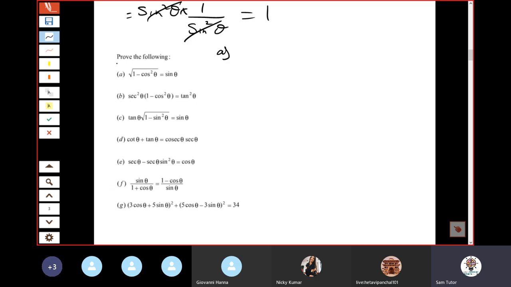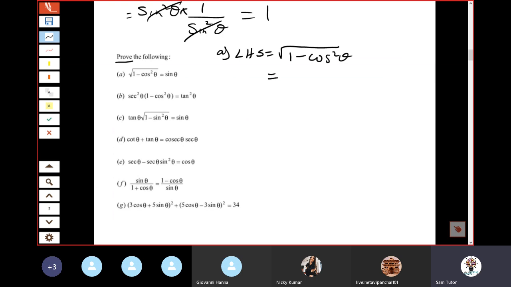All right, we're trying to prove, so understand, we're trying to prove this time. We're not going to write both lines at the same time. What we're going to do is work on the left-hand side, get to a result that is hopefully the right-hand side. All right, so left-hand side is square root of 1 minus cos squared.